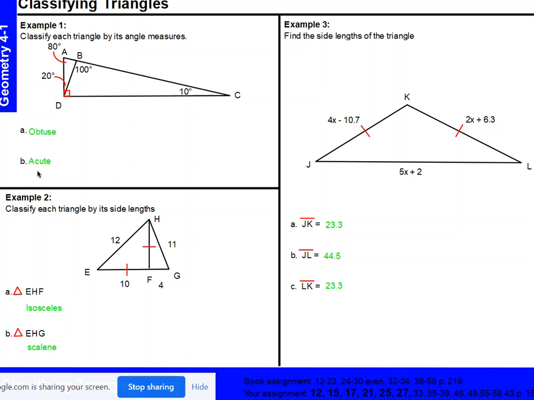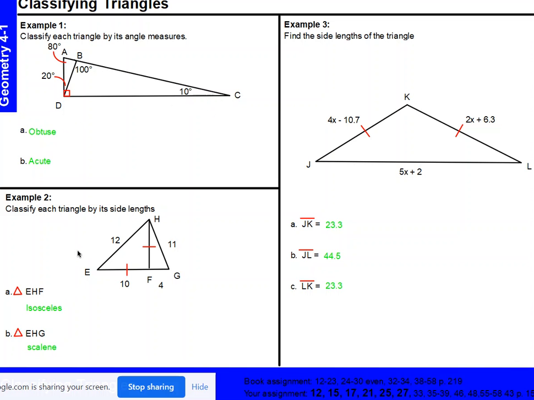Incidentally, if this is 20, this angle also has to be 80. So there was a discussion about whether this was isosceles or not, right? Because it is, and you know that using the angle measure. All right. So then triangle ADC is right, and triangle BDC is obtuse.